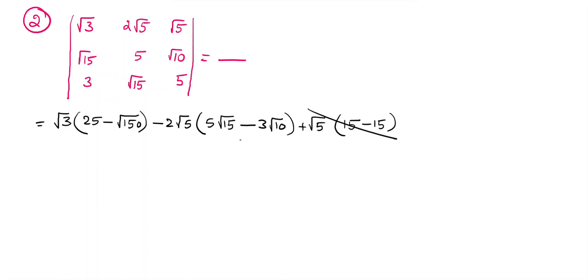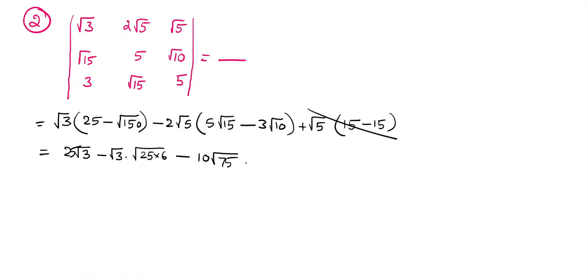This term is cancelled. This is equal to multiplying by root 3: 25 root 3 minus root 3 into root 150, which is written as 25 into 6, minus 2 root 5 into 5 root 5, this is 10 root 5 into 15.